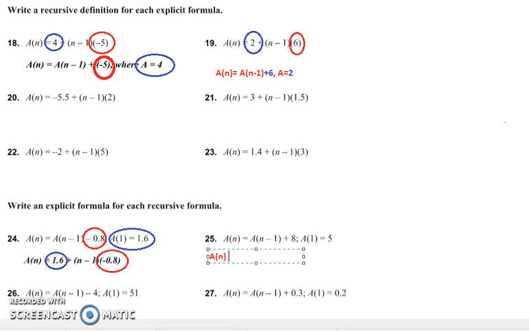a sub n equals, okay, so now we're looking for the first term, which in this case is 5. The first term plus n minus 1 times d, which in this case is positive 8.